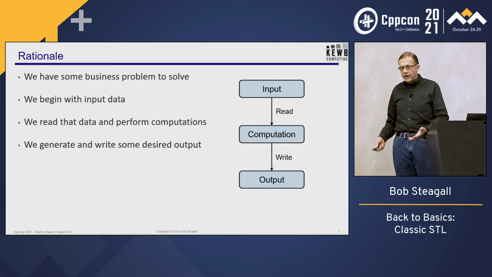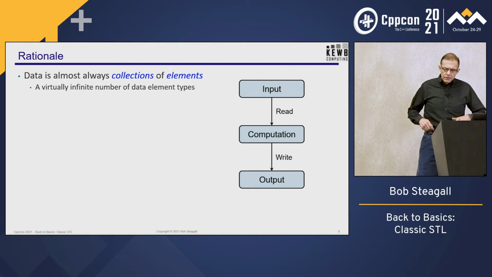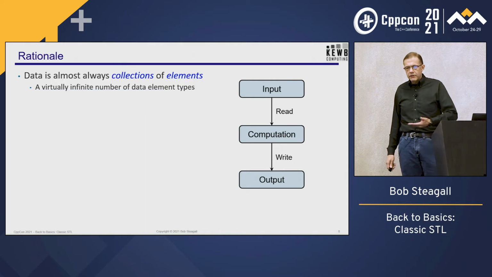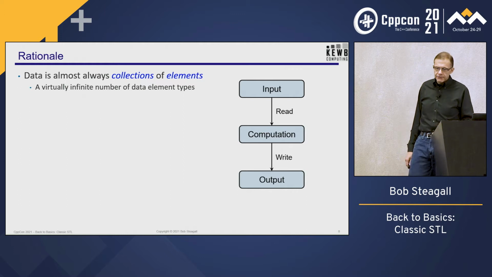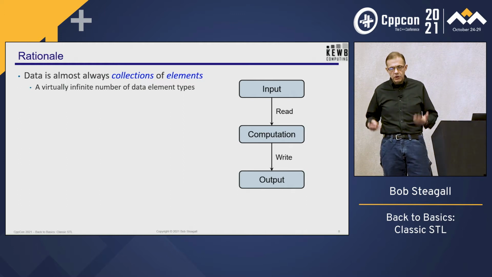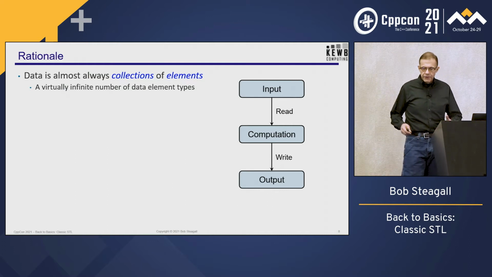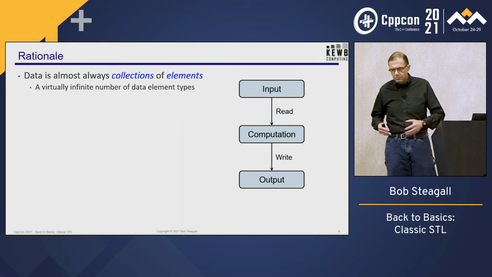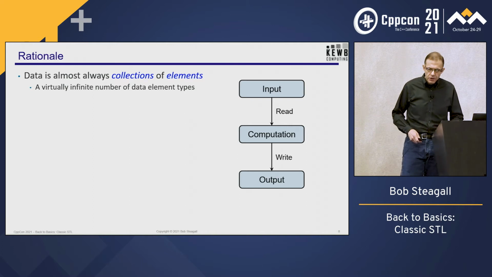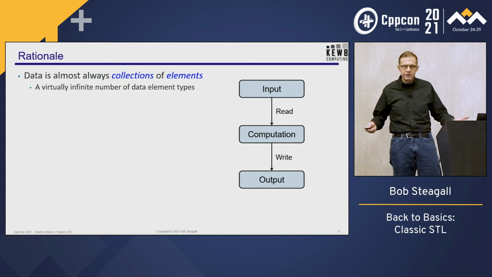To narrow it down just slightly from 200,000 feet to 150,000 feet, data is almost always collections of elements. We normally don't work with data about a single individual or a single thing. We work with data that's collections of tens or hundreds or millions of things.